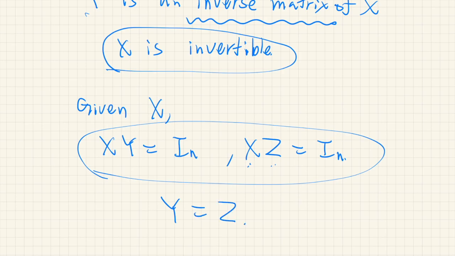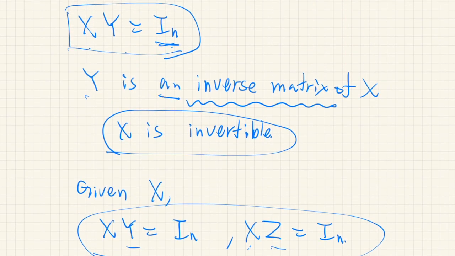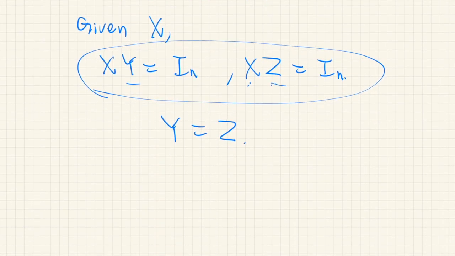So in that sense, the inverse matrix is unique. So we say not an inverse, but the inverse of X. Because it's unique, we usually write the inverse of X as X inverse. It's like X to the power of -1, but it's not a power; we denote it like this to express the inverse matrix of X.